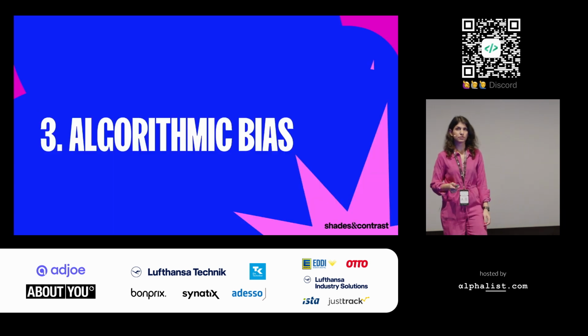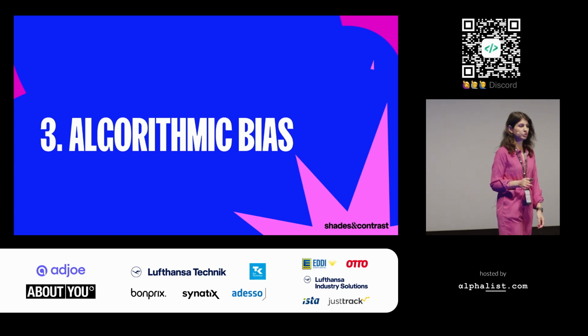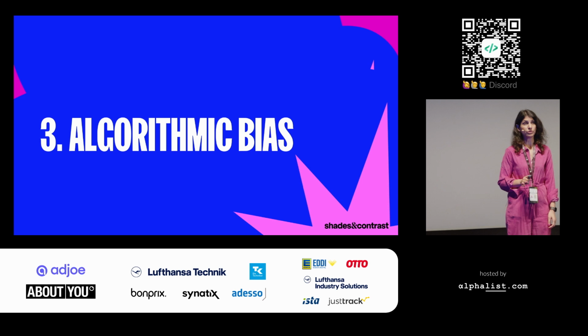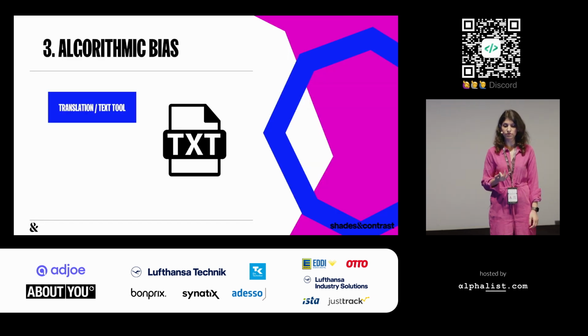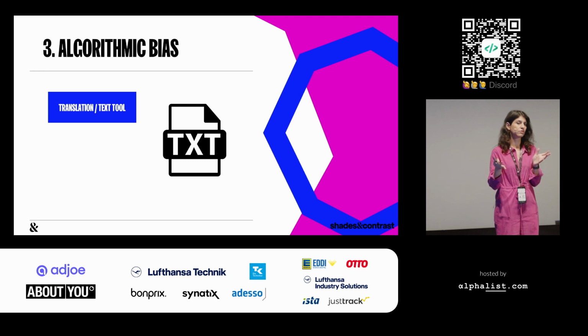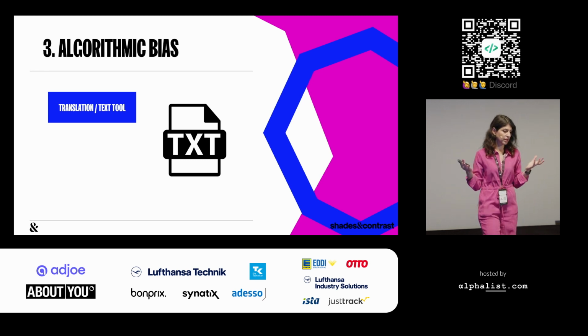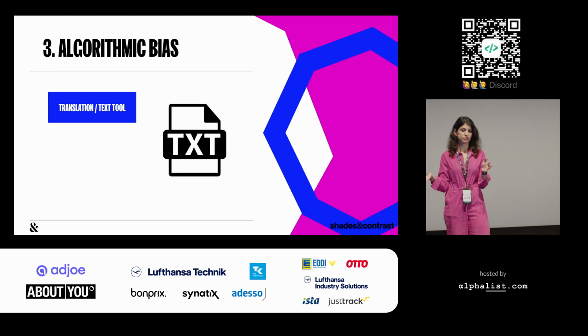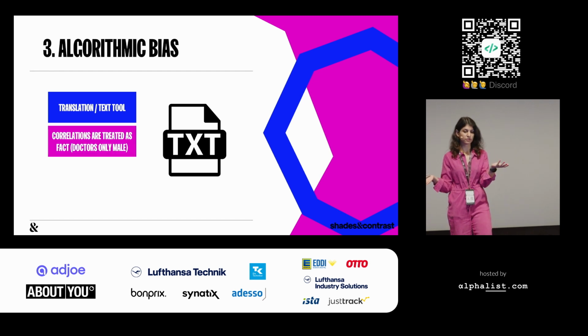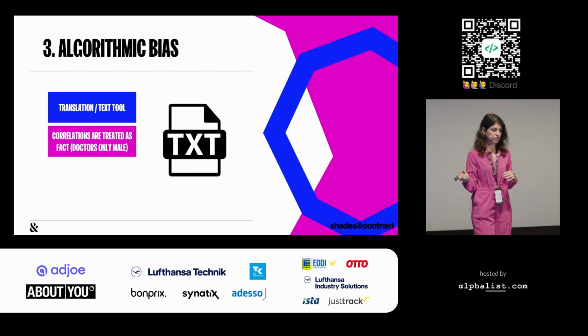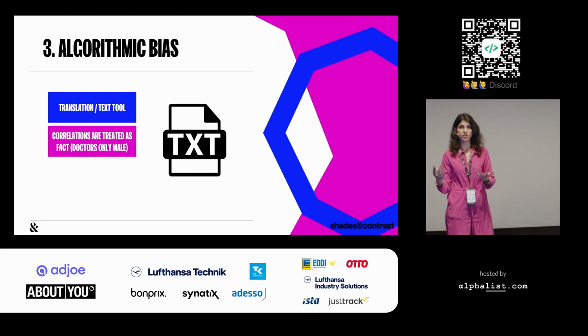And then the third thing, which is also very important, is that we cannot predict what the algorithm is doing. The algorithm can also see a correlation which we are not able to see today, but maybe we are not aware of that, and the algorithm thinks, okay, that's a fact. So in this example, imagine a translation and text tool. You put in data where doctors are always male and nurses are always female.